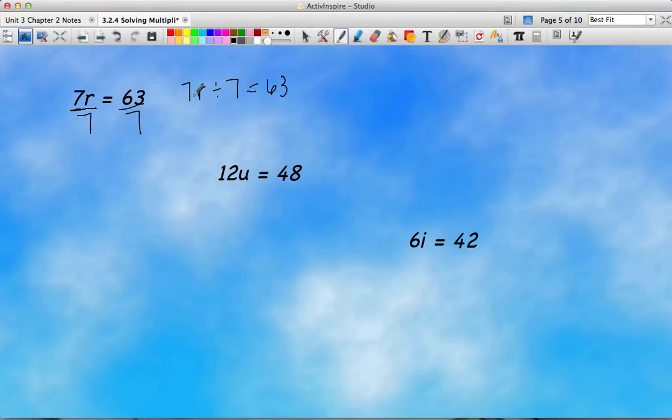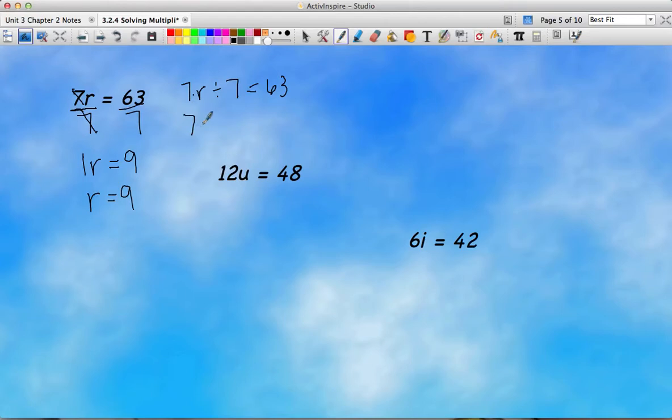And then you can combine your like terms and see that the 7 and the 7 will make 1. Typically, students end up doing this because it's easier for them to say, okay, these two things are going to cancel each other out, and when you divide them, you end up with 1 times r equals 9. 1 times r is always r, so r is equal to 9.